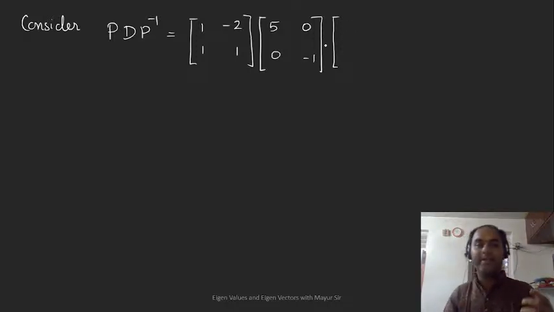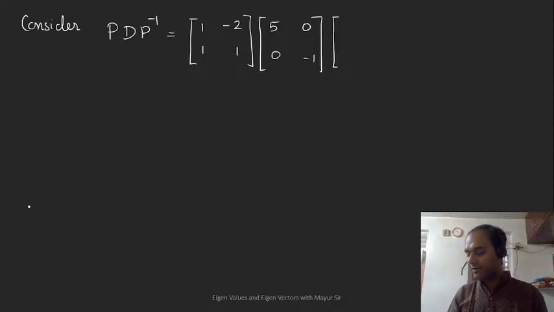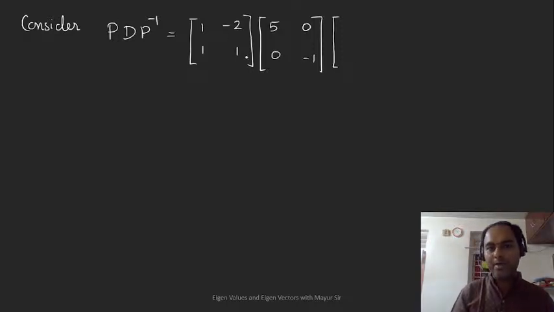Now how do we find the inverse of a 2 cross 2 matrix? For a 2 cross 2 you can write it down directly. You just swap the diagonal entries, 1 and 1, they will give you 1 1 again, and you put the negative sign on the off-diagonal entries.